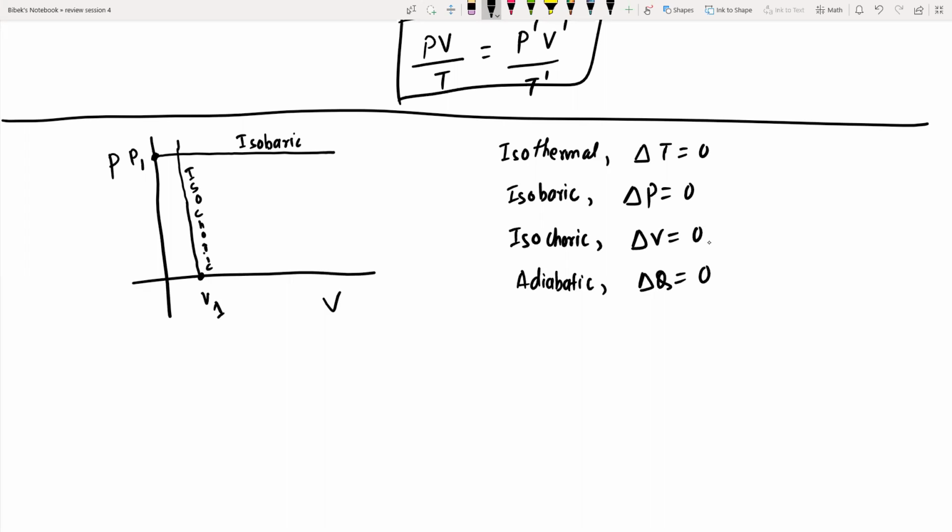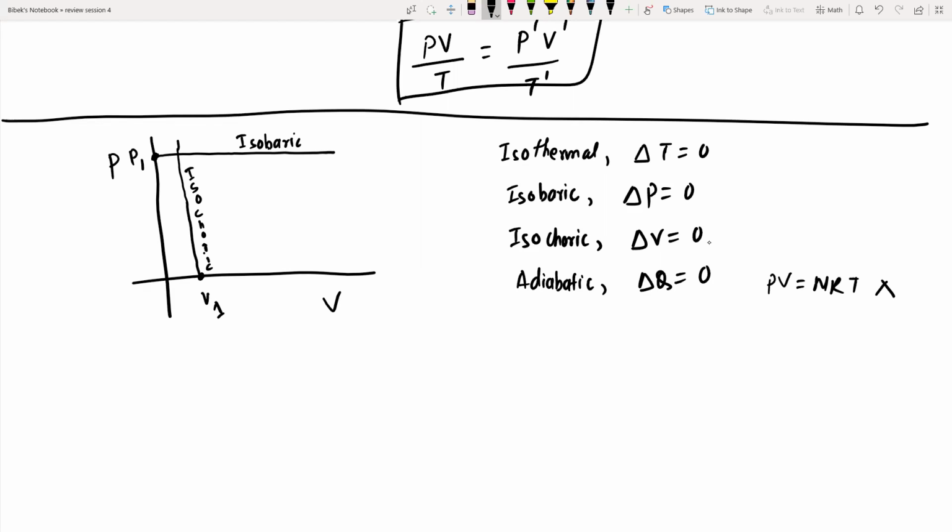Now you have to determine how to draw the isothermal and the adiabatic. We are not reading much about adiabatic in this course. For adiabatic, PV equals nRT is not valid.